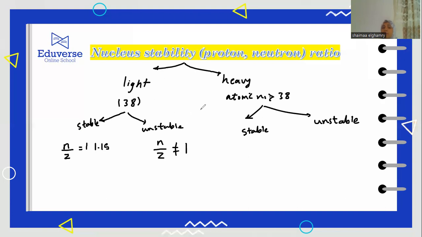For heavy elements, the ratio between N and Z may reach to 1.53. It's accepted, so it's stable. Greater than that, it will be unstable. The ratio is greater than 1.53, so it will be unstable heavy element. The ratio between what? Number of neutron and the number of protons.